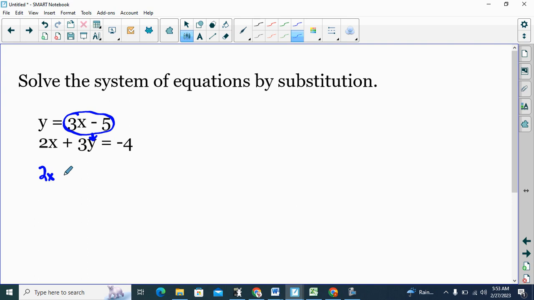So I would have 2x plus 3 times y equals negative 4. And instead of y, I'm putting in 3x minus 5. That goes in for my y.